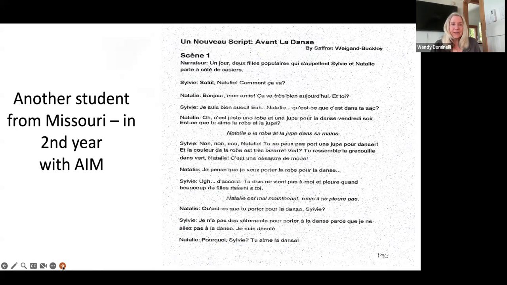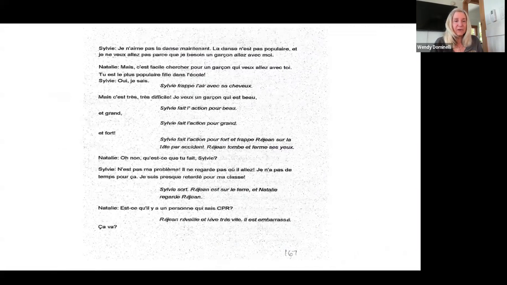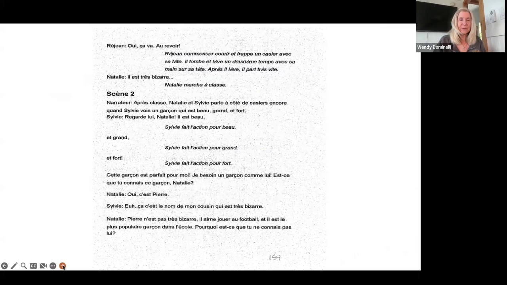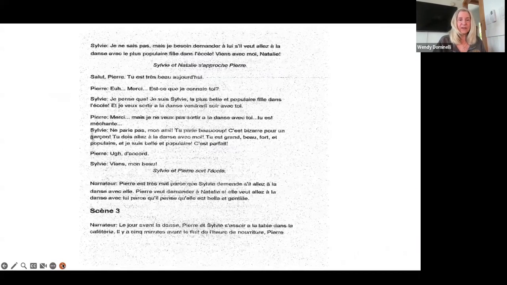So here we have a teacher who has students in the second year of AIM. They did a story, not a story extension, but what happens before one of the stories that we work on as a kit. And the student wrote about 1,000 words of what happened before the story for the kit.